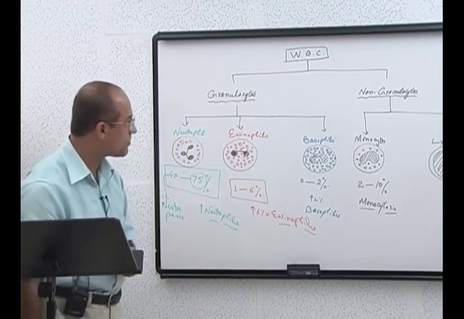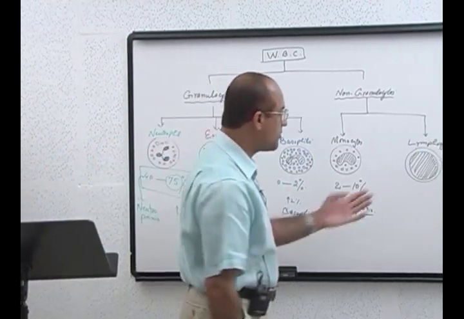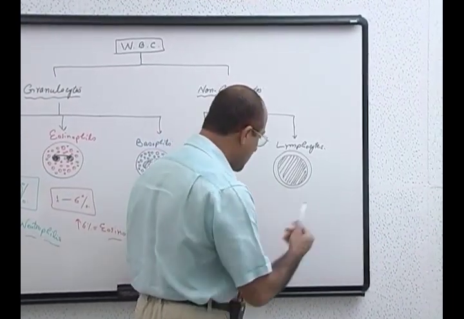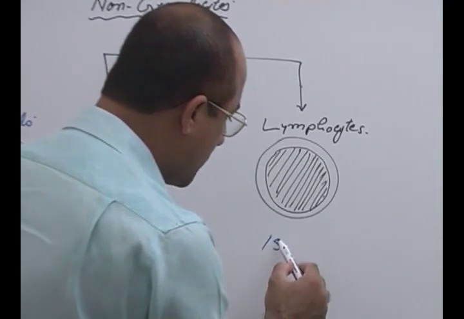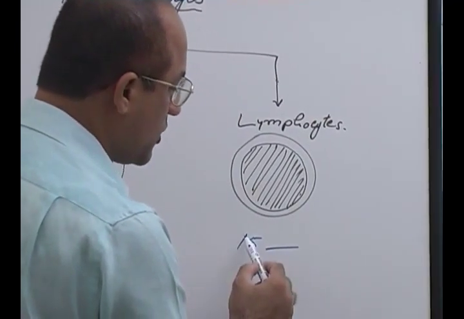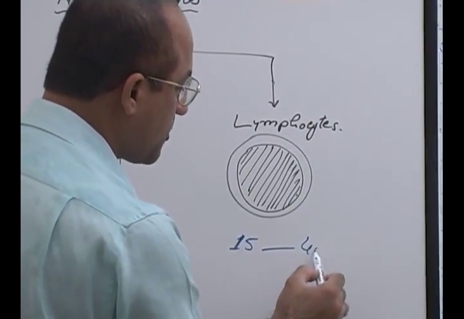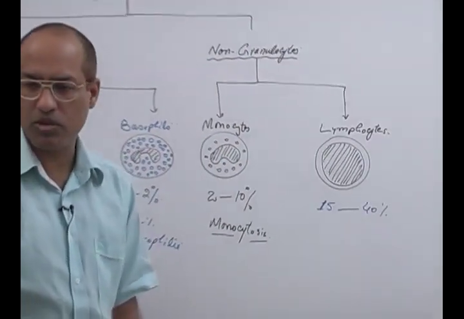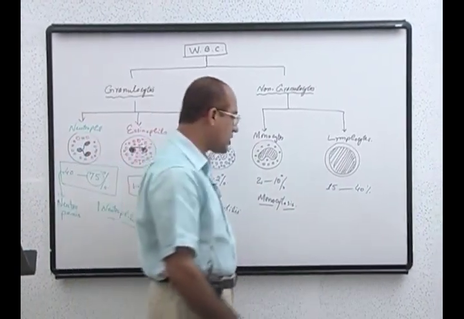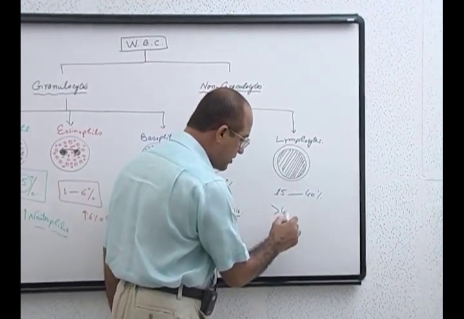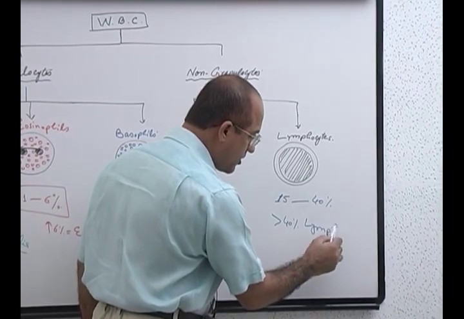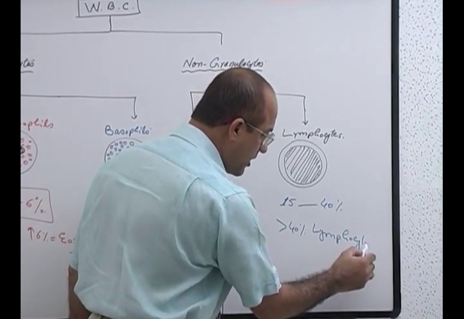Then we come to lymphocytosis. Normally, what is the percentage of lymphocytes? Lymphocytes should normally be present at 15 to 40% in the blood. But when the lymphocyte count becomes more than 40%, it is called lymphocytosis.